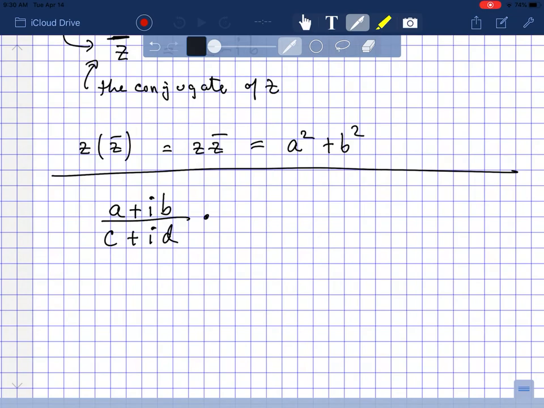And what I'm going to do is multiply this by 1, but it's going to be 1 in the following form. It's going to be c minus i times d divided by c minus i times d. So all I'm doing is taking the conjugate of the denominator, and I'm dividing it by itself. So this is the number 1. This is just equal to 1.